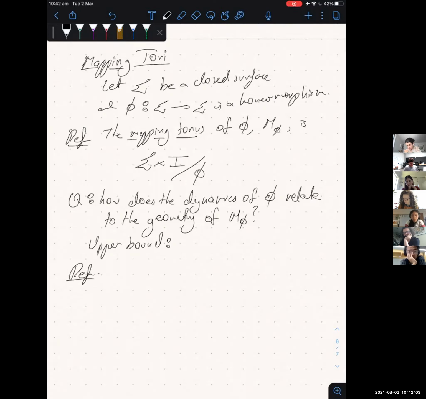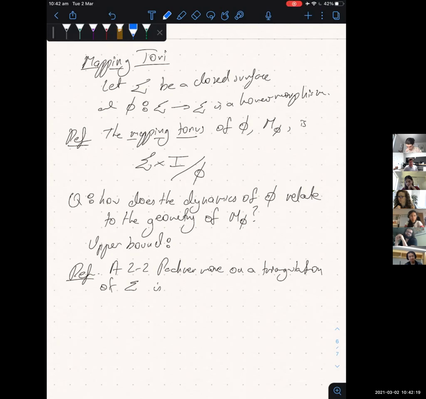So let's suppose we've got a triangulation of our surface. Now a 2-2 Pachner move on a triangulation of a surface is, well, we take two triangles and then we pick the other way of triangulating that quadrilateral.